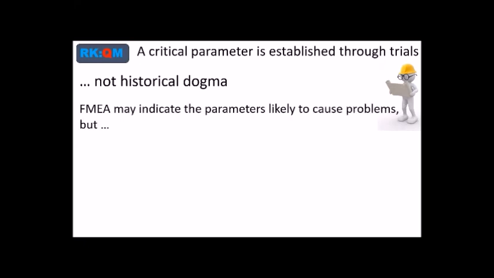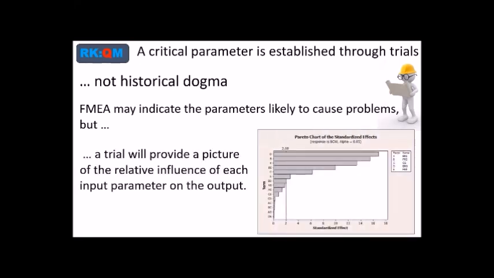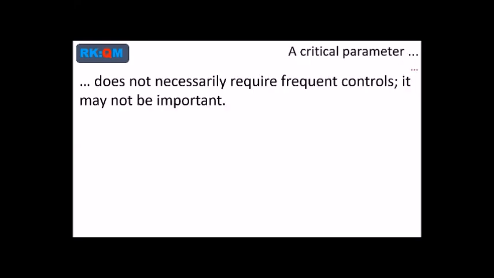Carrying out FMEA, failure mode effects analysis, is a first step to establishing if the parameter is likely to present a high risk of producing bad product. The modern approach to determining which parameters are critical is to have a program of understanding the process, which involves a plan, trial, and provides a picture or Pareto chart of the parameters.